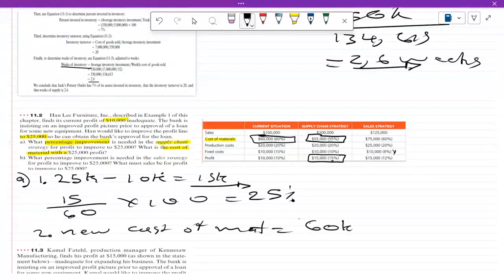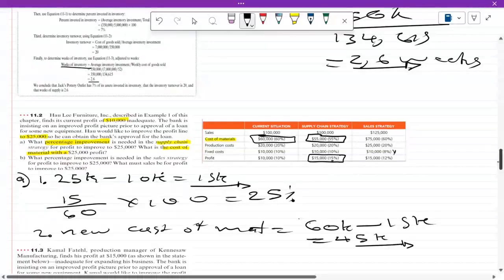We want the new cost, 60K minus 15, then you are getting, I think, 45K. So this is the new cost of material now when you are trying to get a profit of 25,000. So your material cost is going down. Remember, in this exercise, the material cost needs to go down.